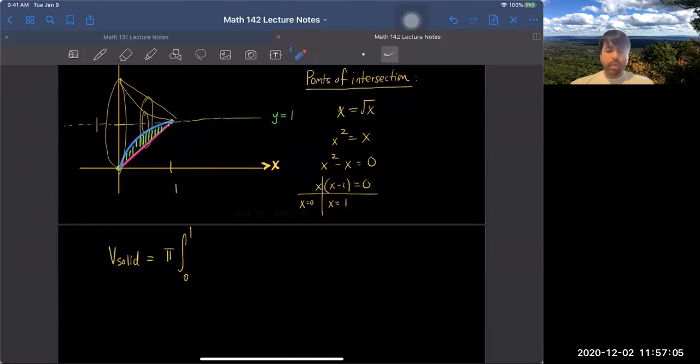Y equals x is this. So what do I do instead? This is the tricky part. If you get this, then we're off to the races.